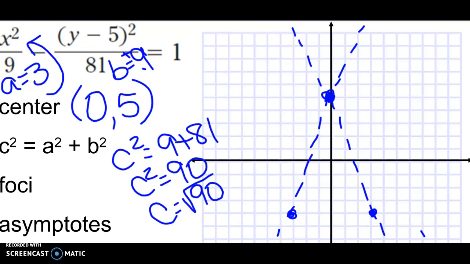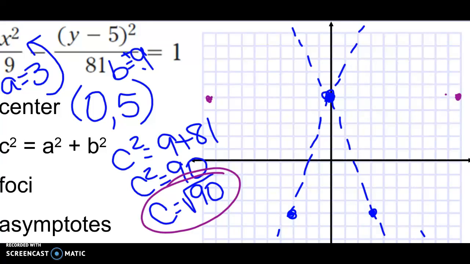All right, well, square root of 90 is a little bit bigger than 9, so let's go find that. I'm going to make that purple. All right, 1, 2, 3, 4, 5, 6, 7, 8, 9, not quite 10 is where I got to go, actually. Same way over here. Here's going to be my foci on this side. All right, so now I've got that.